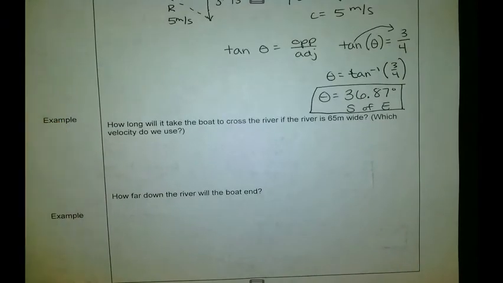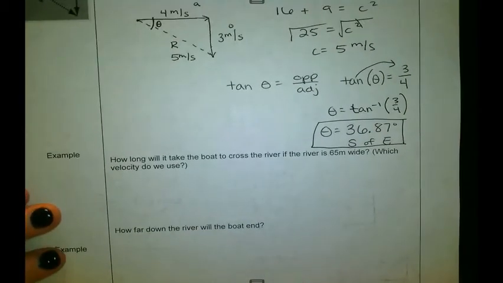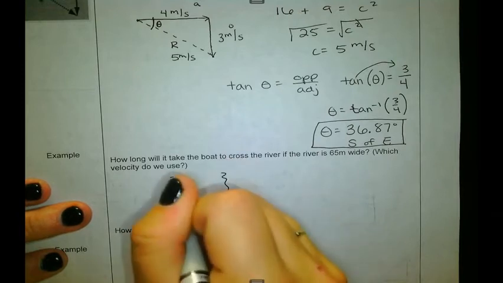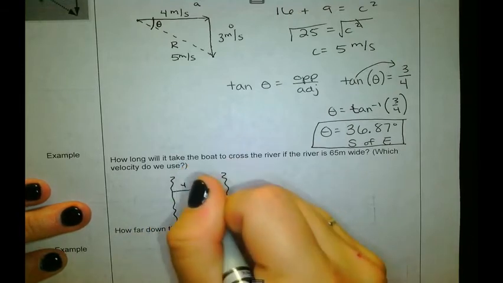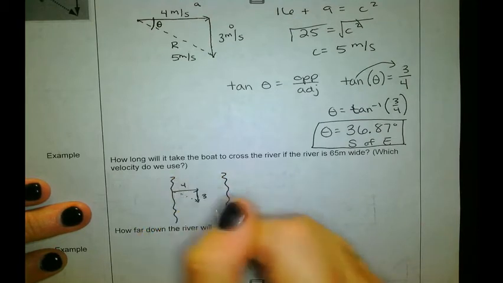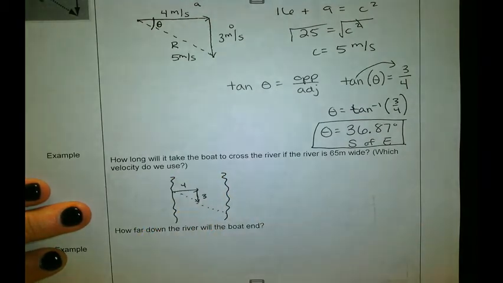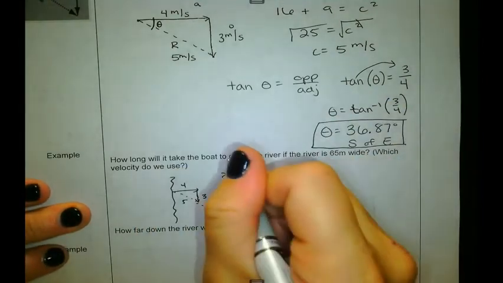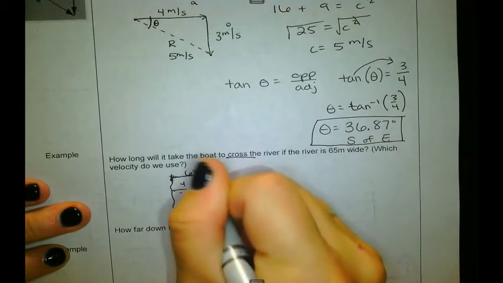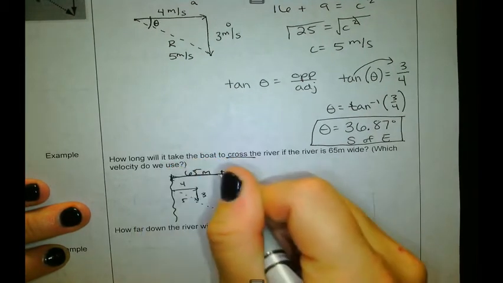All right, so then how long will it take the boat to cross the river if the river is 65 meters wide? Okay, so here's my river. I know I'm going 4. River's taking me down at 3. All right, and I know this is 5. When I'm trying to cross the river, I'm talking about this horizontal distance from here to here.